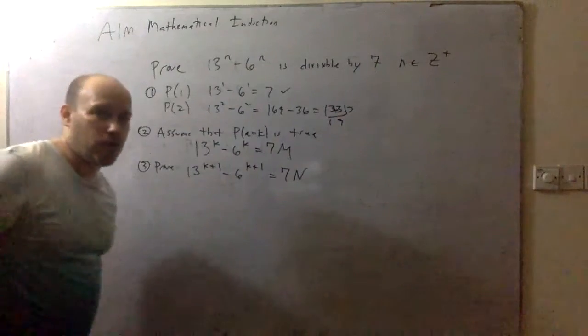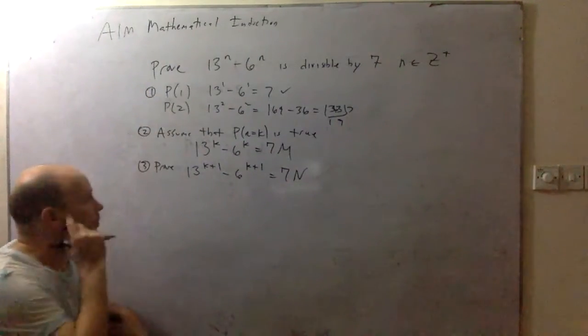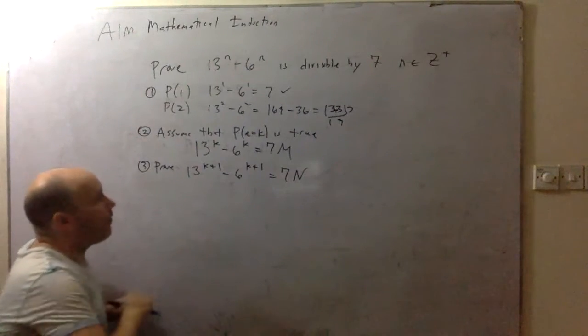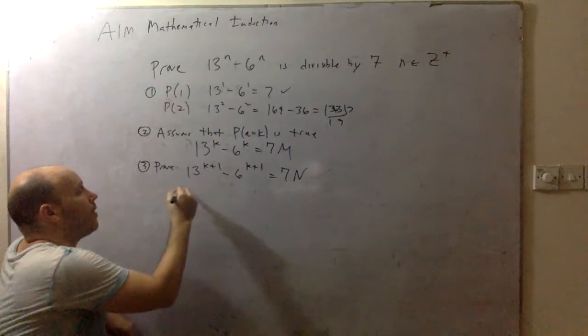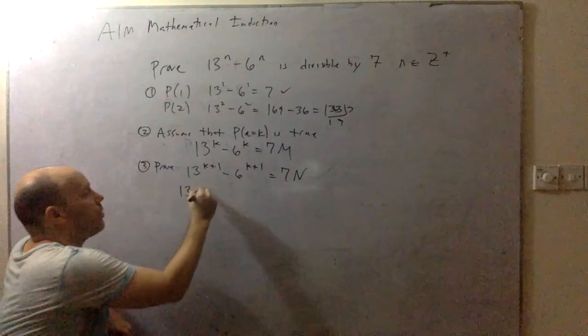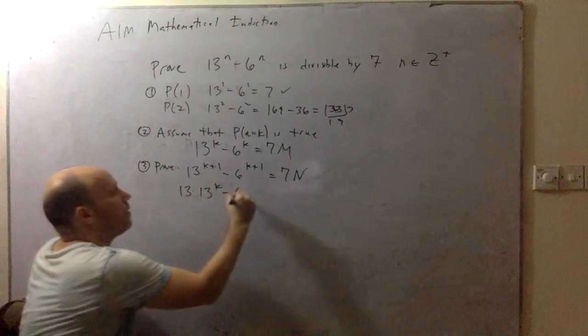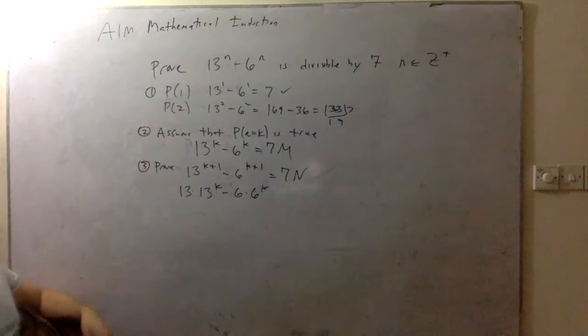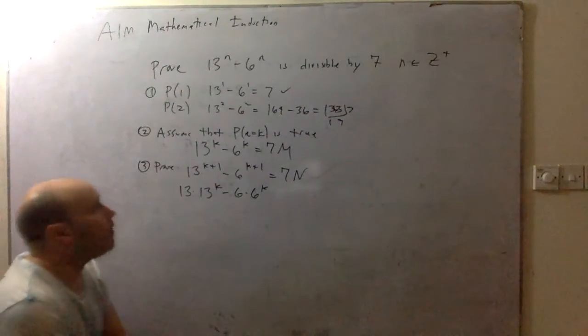Well, there's a little trick to the trade. First, pull out the constant. So it's 13 times 13^k minus 6 times 6^k. Okay. What do you think? Well, the easier trick is to manipulate this.